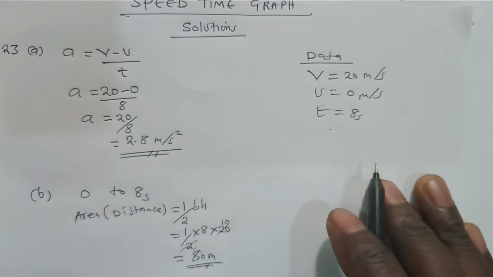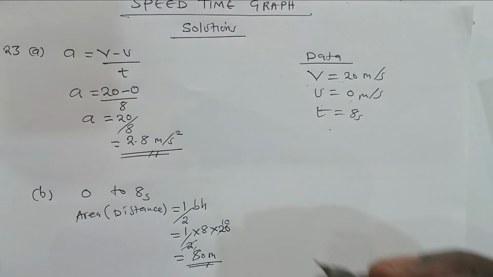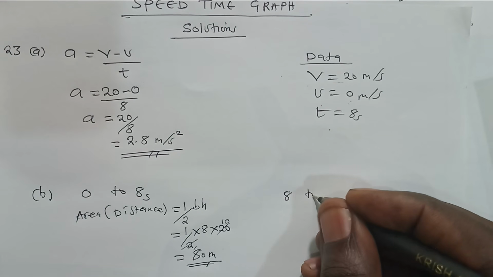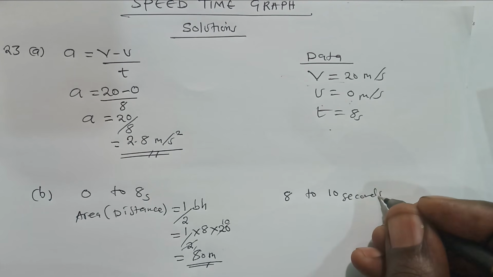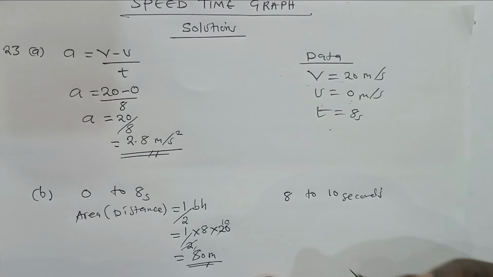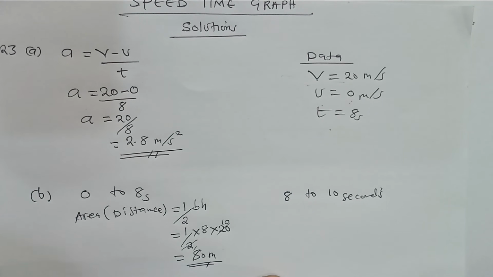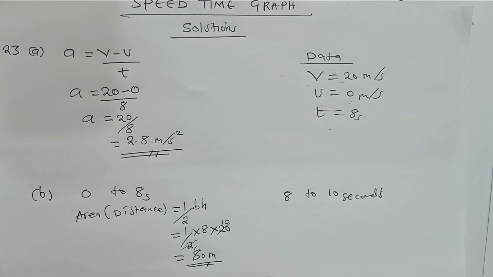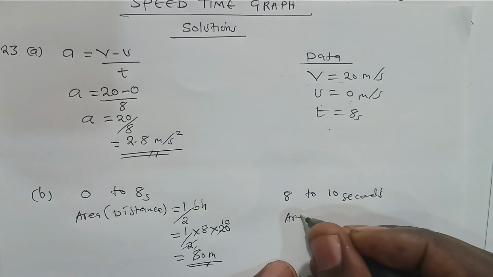We move to the other portion where we have time between 8 to 10 seconds. This we understand is represented by a shape which is a trapezium. So we are going to use the formula for the area of a trapezium.